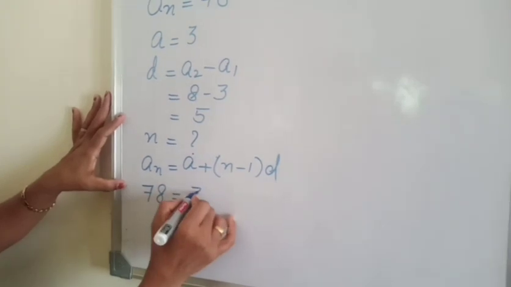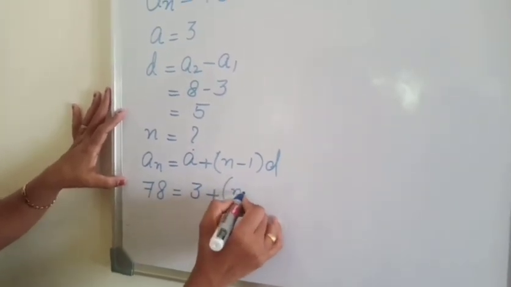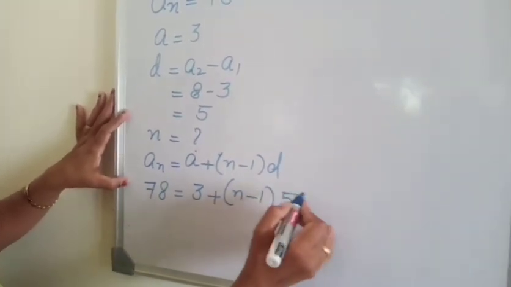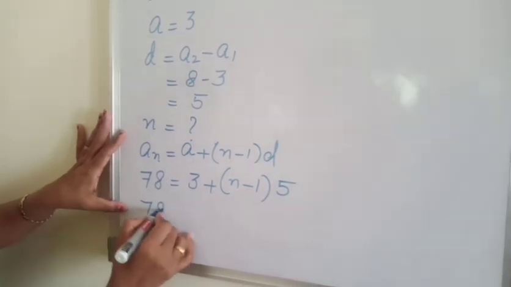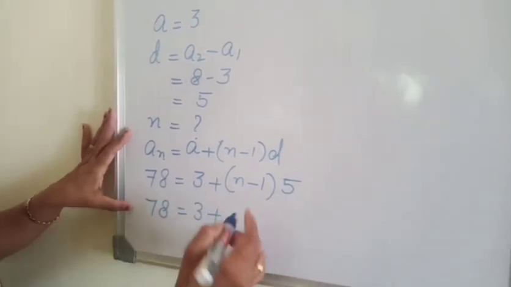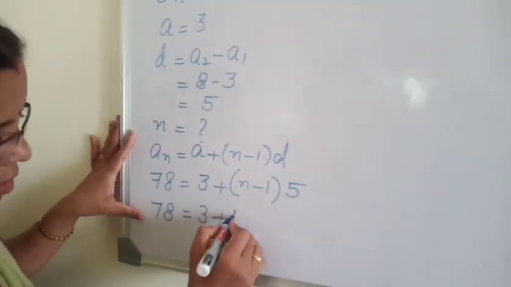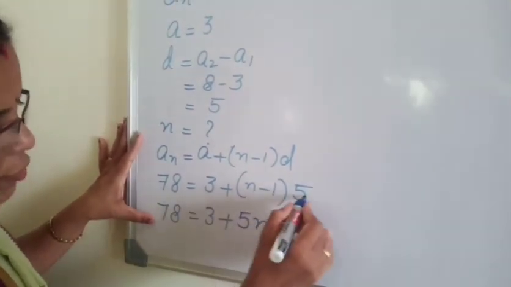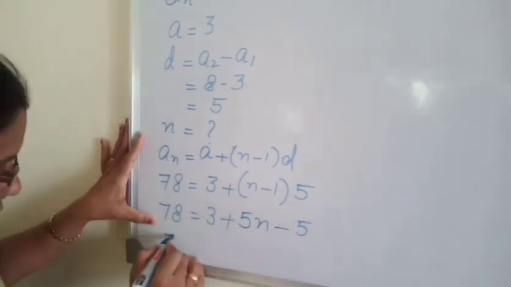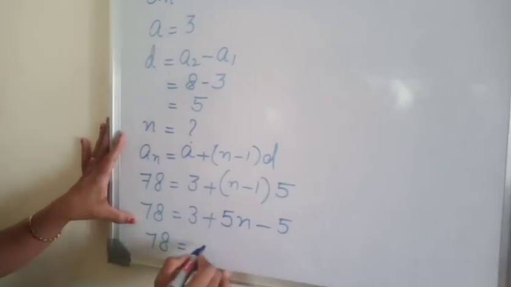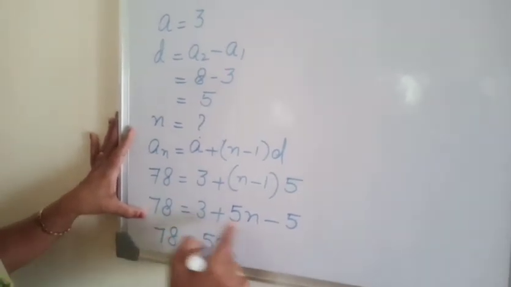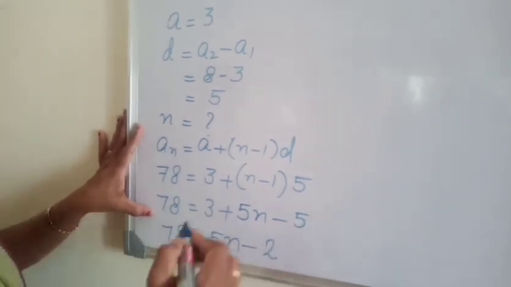A is 3. N we have to find out. D is 5. 78 equals 3 plus, here you should multiply 5 with n minus 1. 5 into n, 5n, minus 5 into 1, 5. 78 equals, first let me write 5n, 3 minus 5, minus 2.